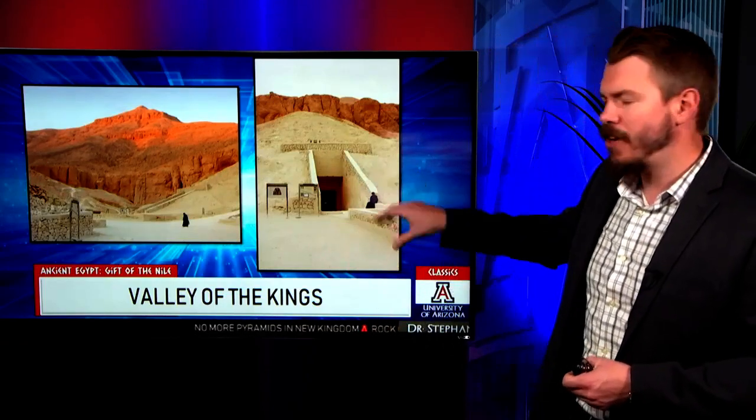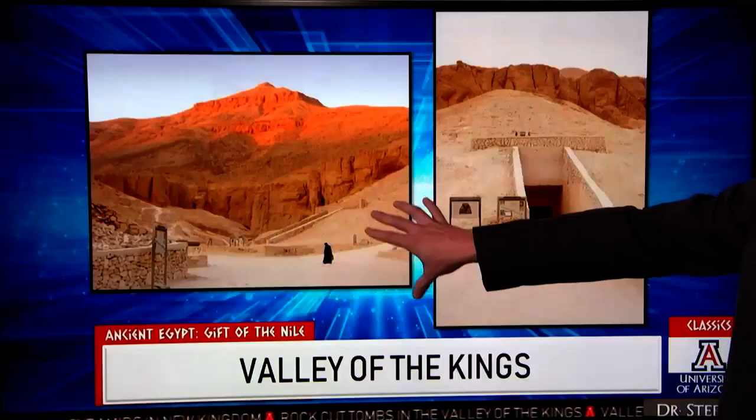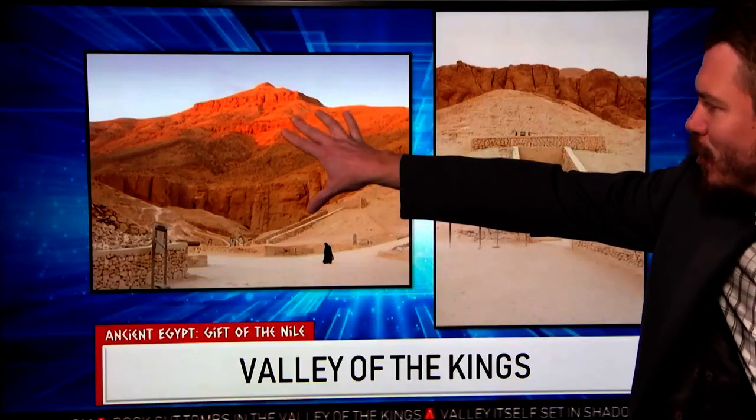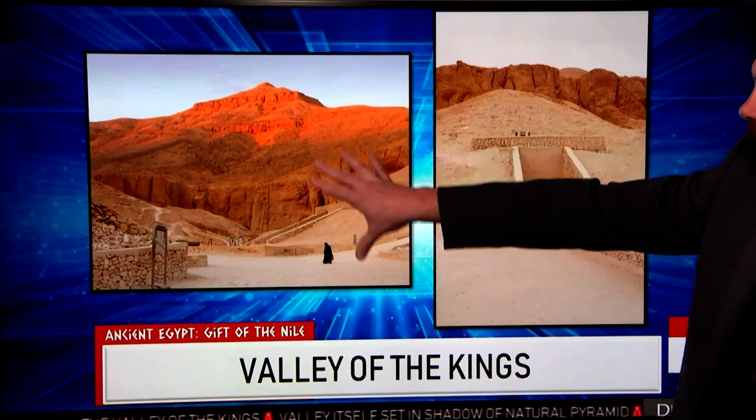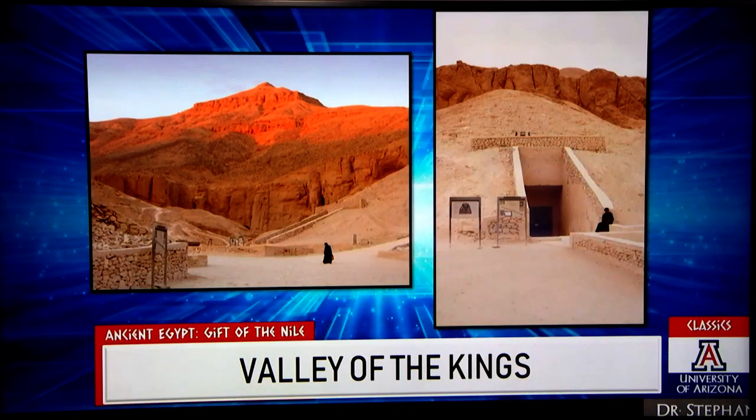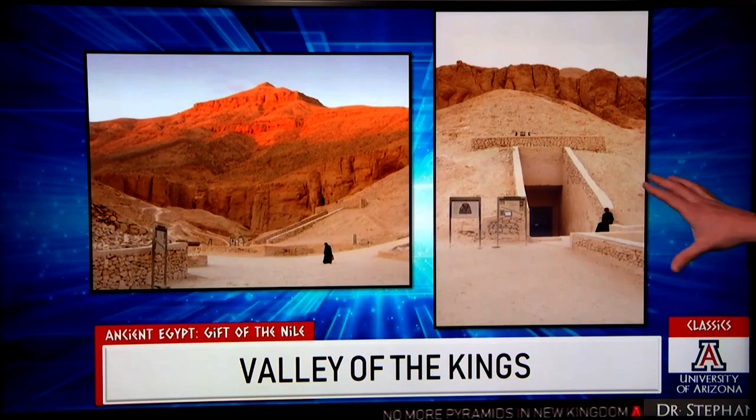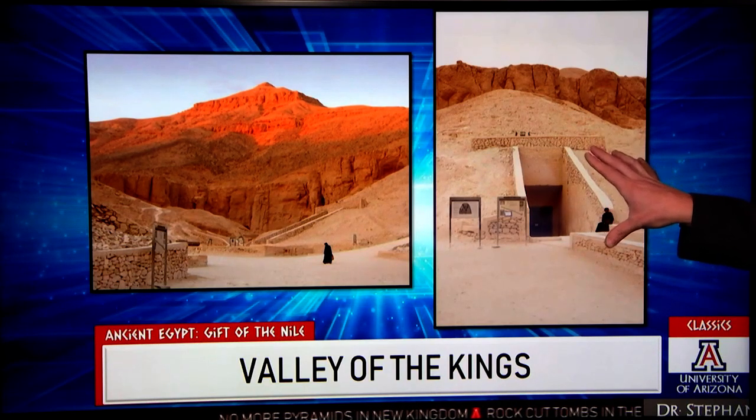And so what you'll see is that during the New Kingdom, no more pyramids. We think that they may have chosen the location because naturally above the canyon that serves as the burial place, it looks like a natural pyramid. But these are now secretly cut into the rocks, all right?